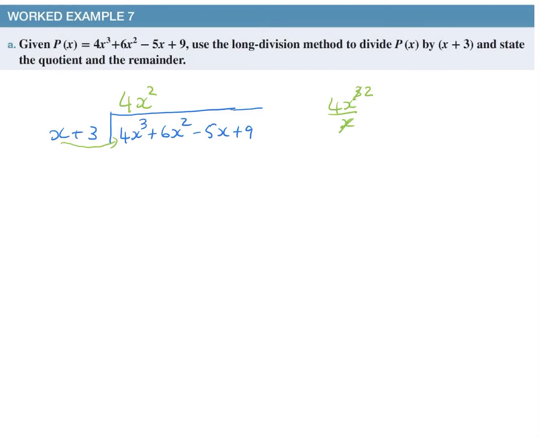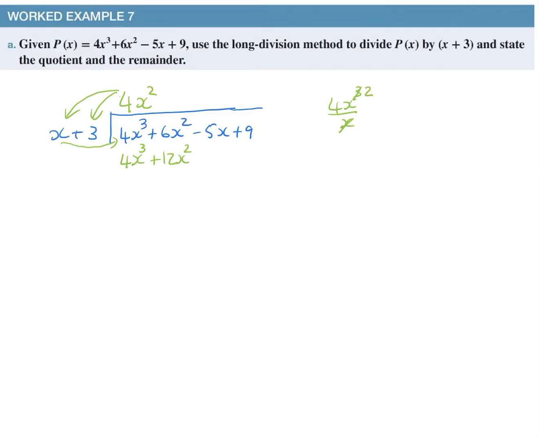In my second step, I'm going to multiply this 4x squared by each one of the terms of my divisor. 4x squared times x will give me 4x cubed. 4x squared times 3 will be plus 12x squared.